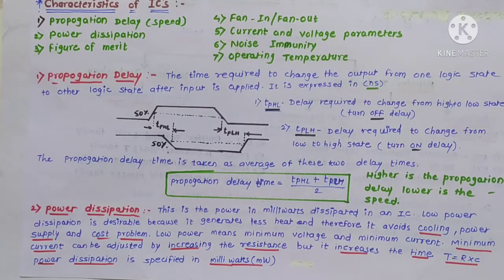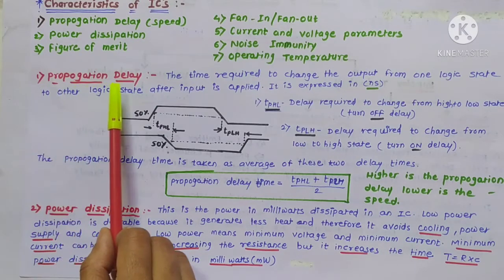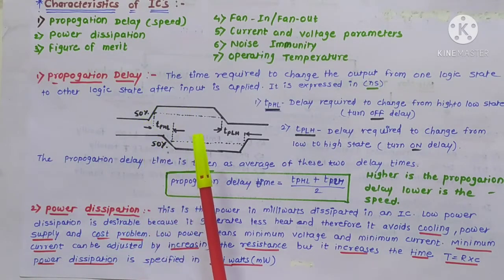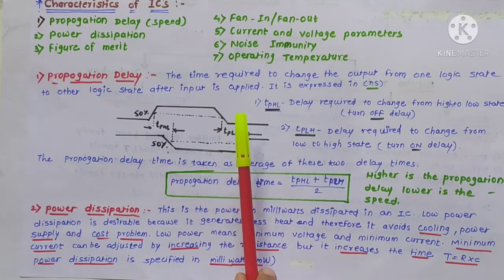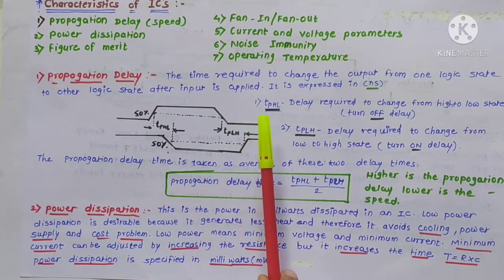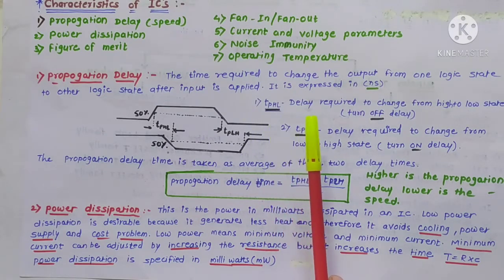Now let us see the first one, propagation delay. The total time required to execute one instruction, or the delay in microprocessor response for an instruction, is decided by this important characteristic. The manufacturer specifies the speed of a digital family in terms of propagation delay.